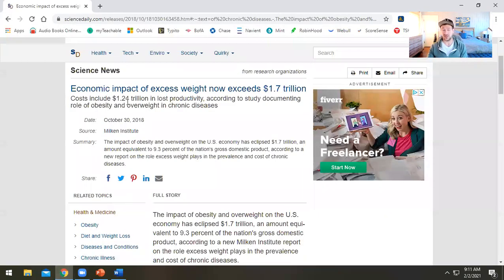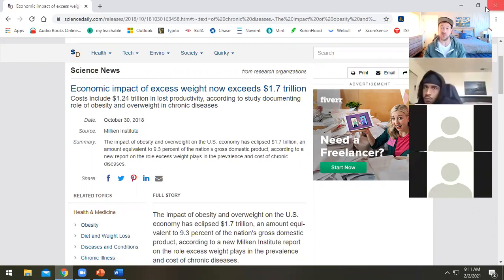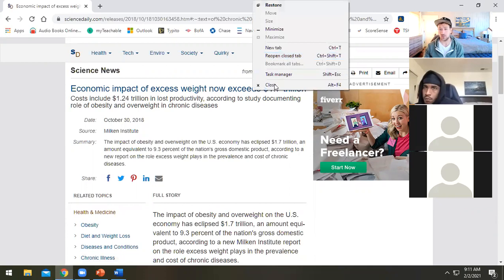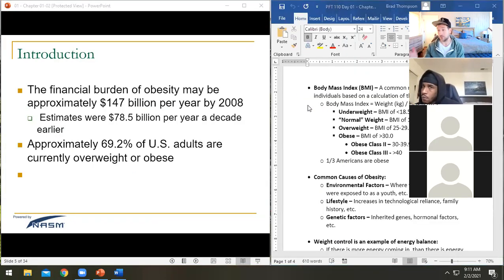But this is looking at a slightly different side of it, which is what it costs everybody in general. Well, it's about 1.7 trillion per year, with 1.24 trillion of it being loss of productivity. Someone misses a doctor's appointment, can't go to work, the company has to pay somebody else to pick up their shift and pay them overtime.